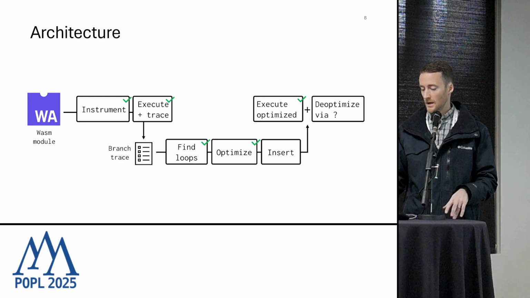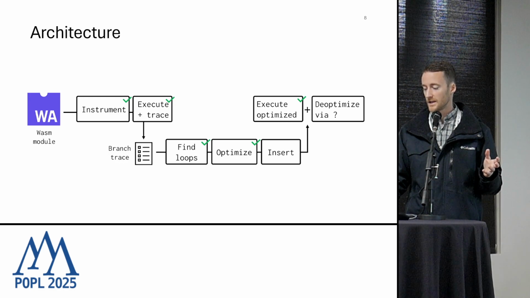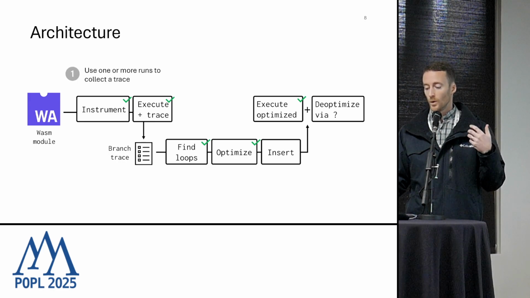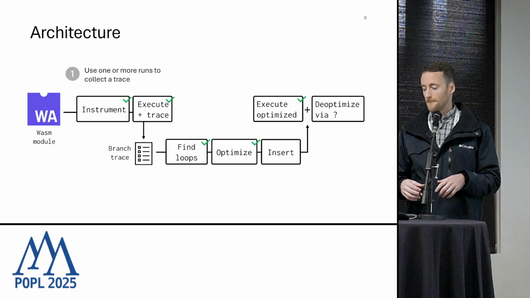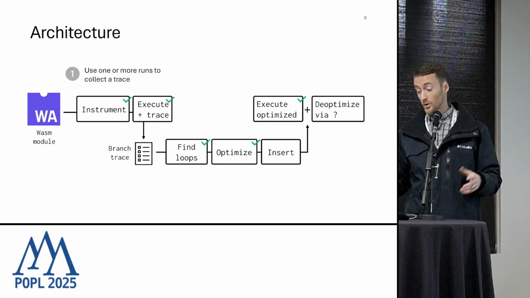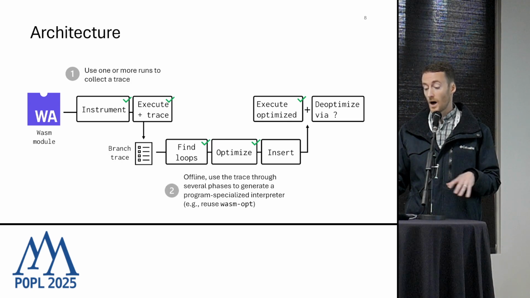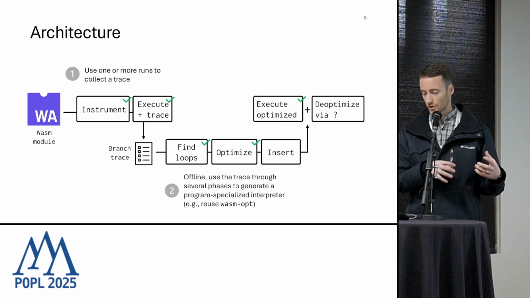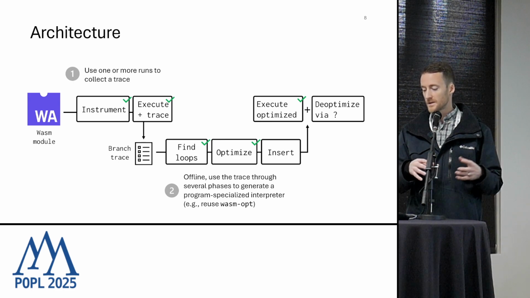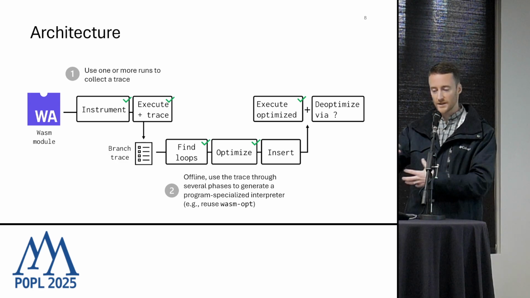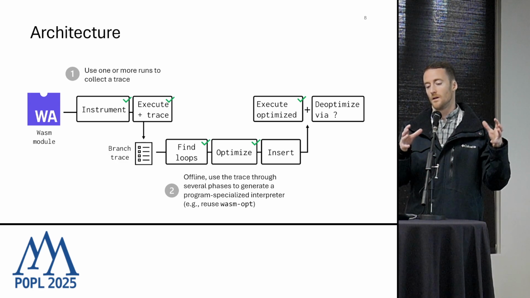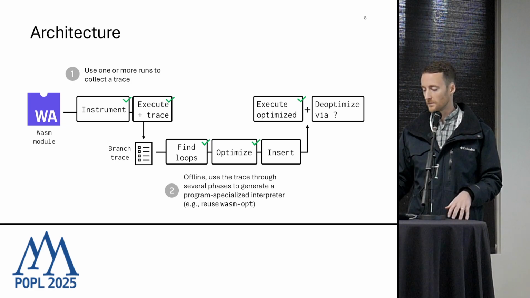And so, a general overview of our architecture is that first we will instrument the WebAssembly program, which is an interpreter, to capture traces, one or more traces. Then offline, we'll use that trace to find loops and optimize the loops into these optimized fragments and somehow reinsert them back into this WebAssembly program.